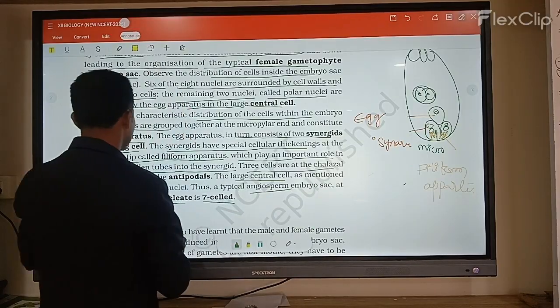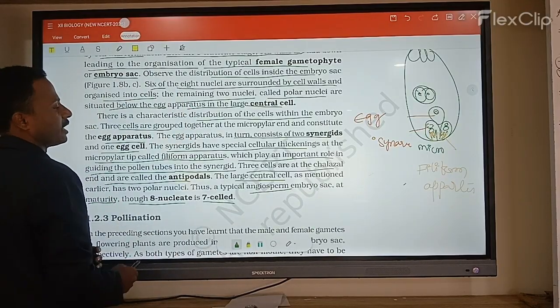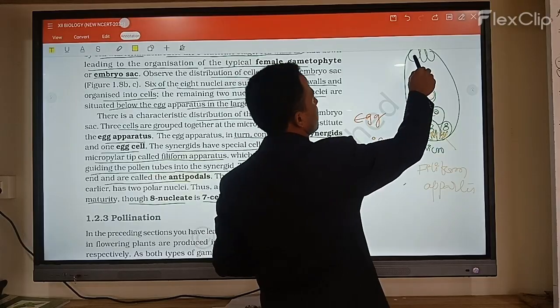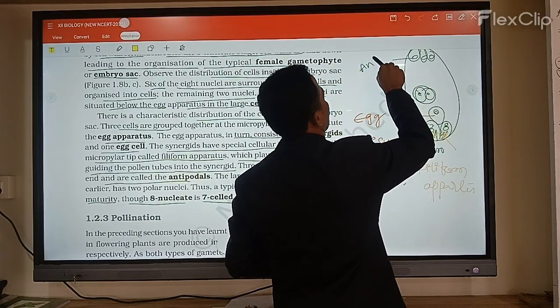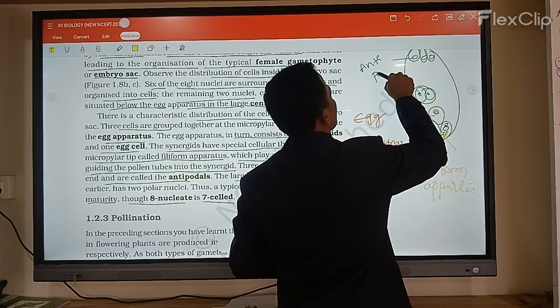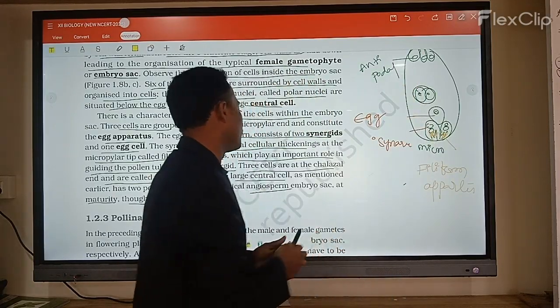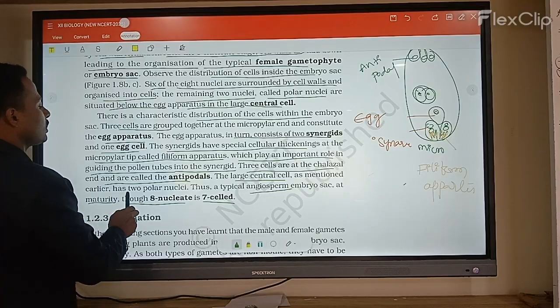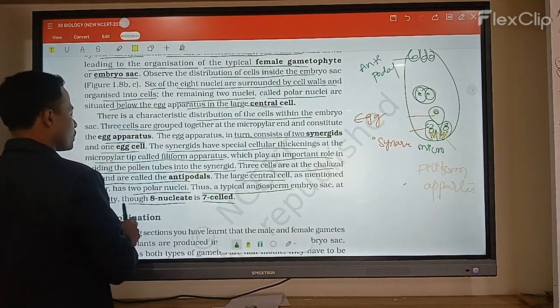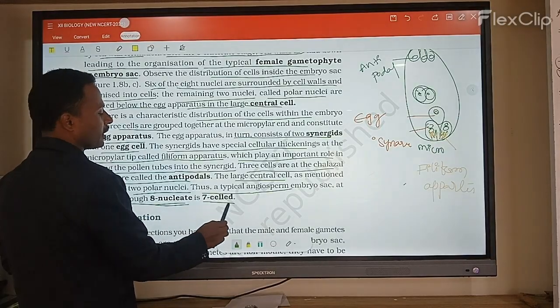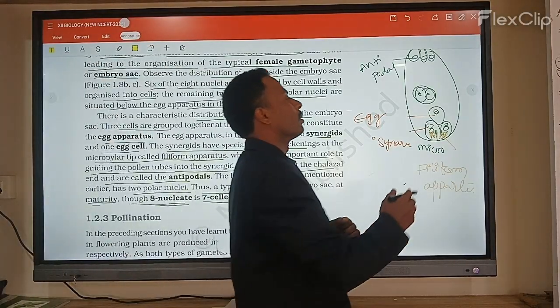The cells at the chalazal end are called the antipodal cells. As mentioned earlier, along with the polar nuclei, this is a typical angiosperm embryo sac. At maturity it is an eight-nucleate, seven-celled condition.